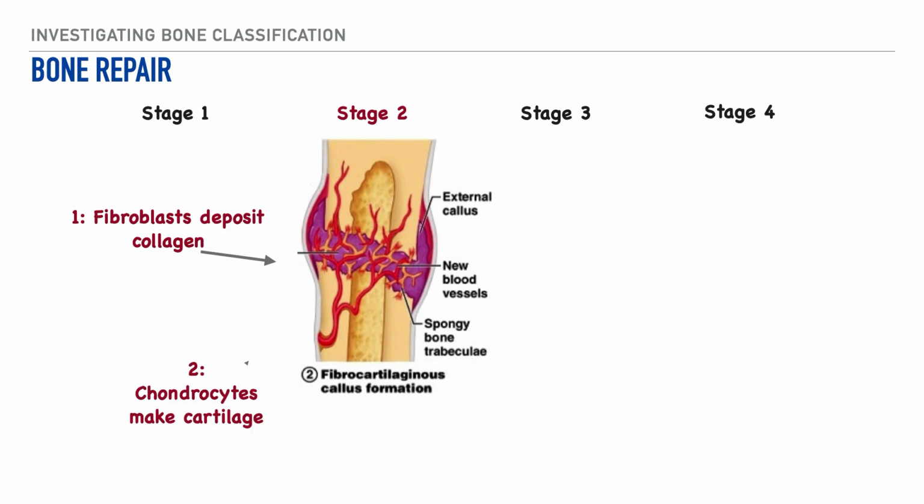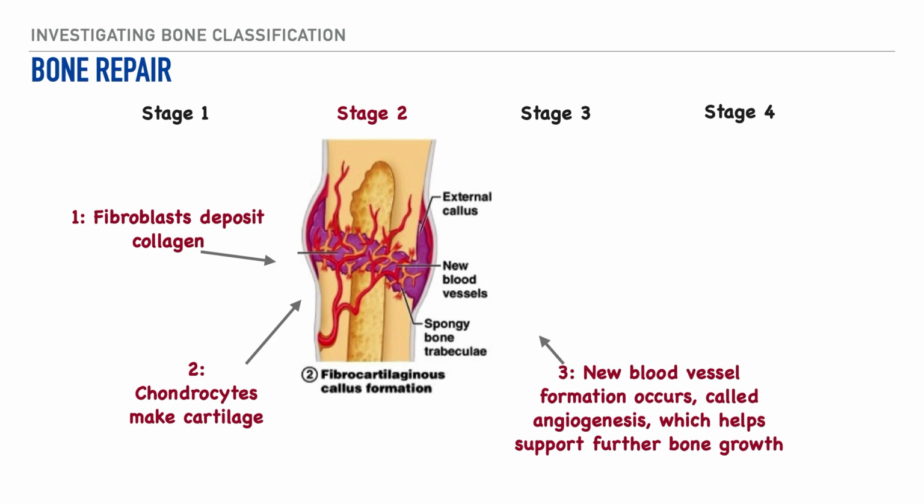Following this, chondrocytes are deposited into the area, and these chondrocytes make cartilage, and this clears the way for new blood vessel formation to occur, which is called angiogenesis, and this helps to further support bone growth. Now, it's at this time that these deposits have made what we call a soft callus, which is analogous to a firm, gelatinous area covering the site of the fracture.